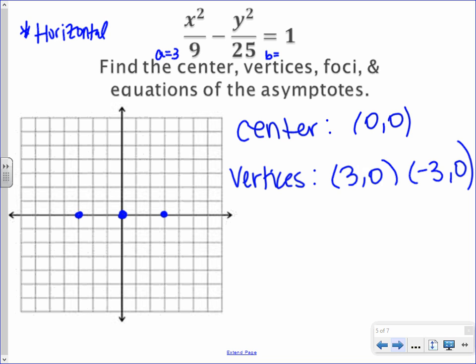What is our B value? Our B value is 5. So what we are actually going to do is still plot a couple of invisible points 5 units away. And when I draw in green, it means I'm drawing something very, very lightly.